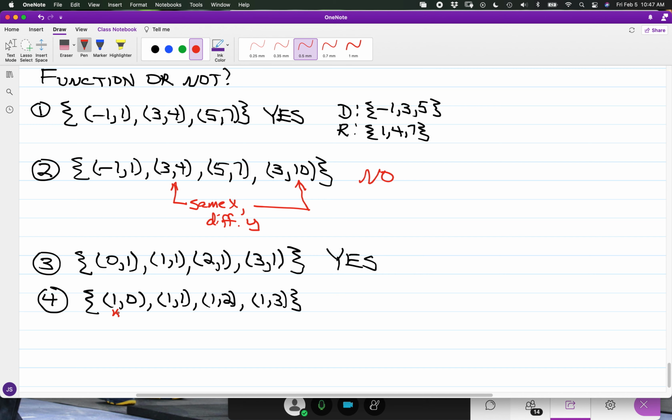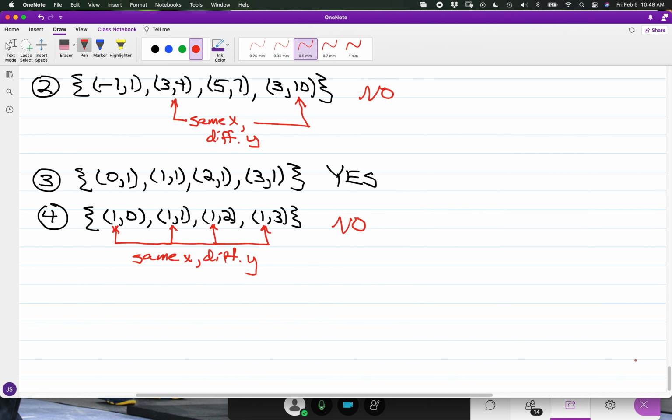Guess what? 1 keeps appearing as an x value, and with each reappearance you have a different y value. And so because of this, this set is not going to be a function.